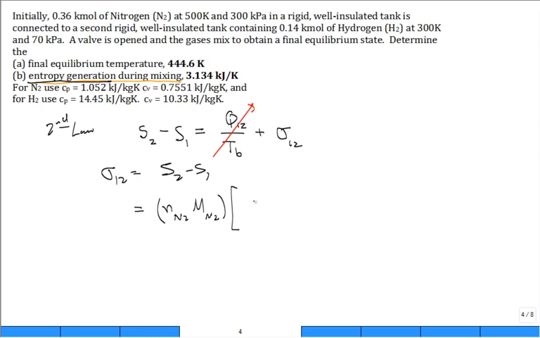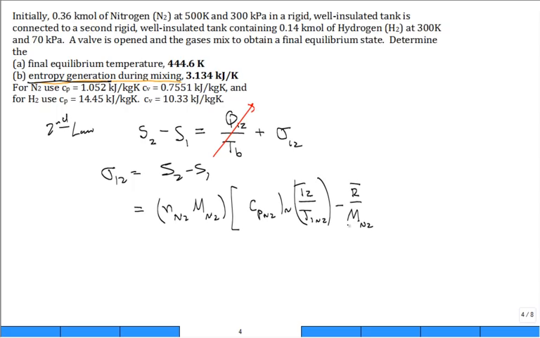Then we're going to have the C sub P of the nitrogen times the natural log of the final temperature of the nitrogen divided by the initial temperature of the nitrogen, minus the R. Okay, well, I'm going to replace that by R bar divided by the molar mass of the nitrogen, right?